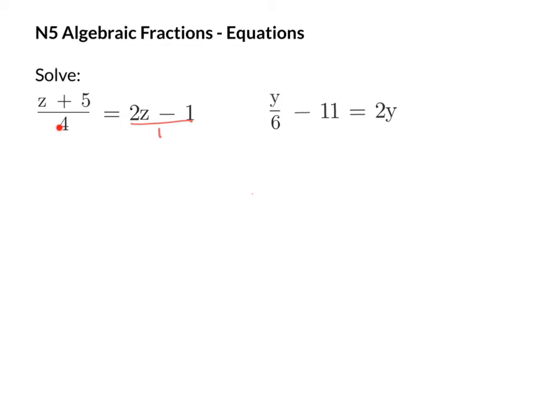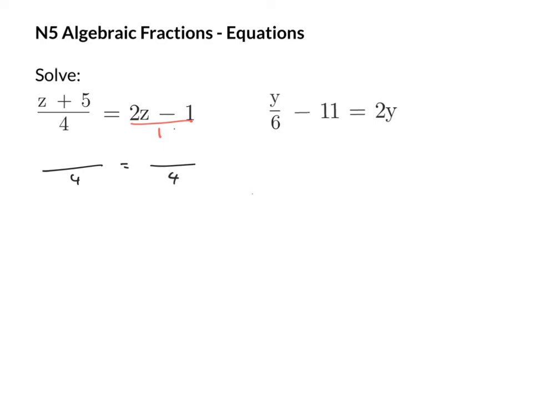I've got a denominator of 4, and I have written in this implied denominator of 1. I want the two denominators to match. Well, I could change them both to 4, because 4 has a factor of 4 and 4 has a factor of 1.